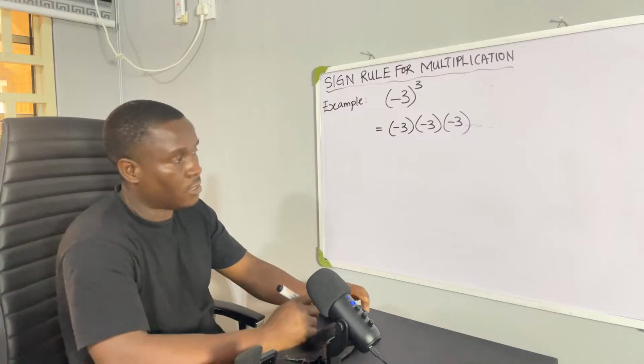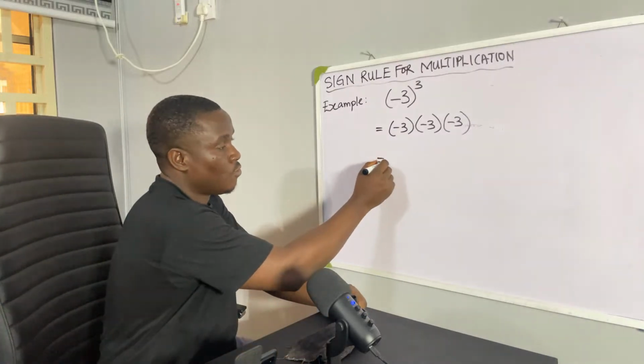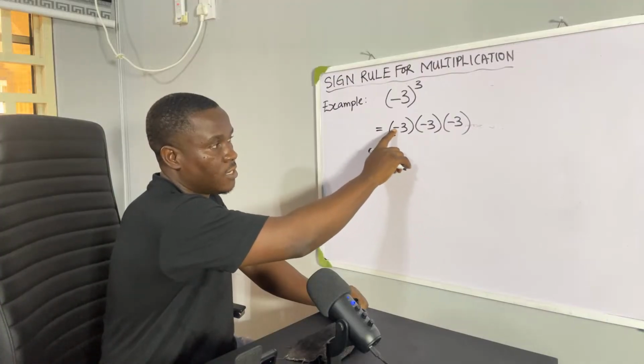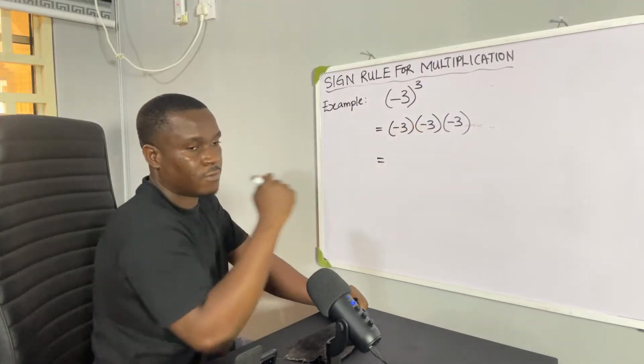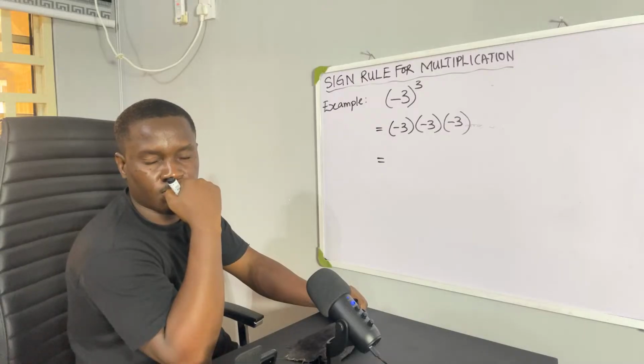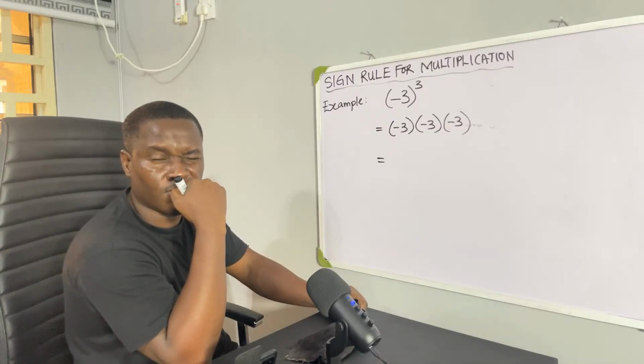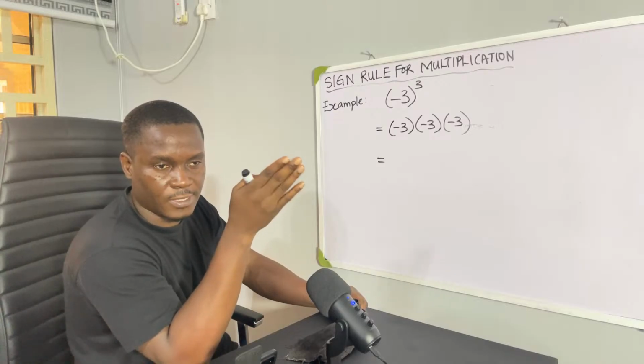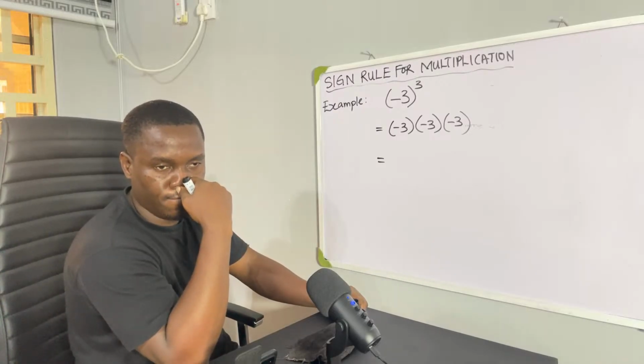Going by what we just learned, since we are multiplying these two first, negative multiplied by negative is positive. Why is it positive? Because when you're multiplying values with the same sign, the answer is positive.